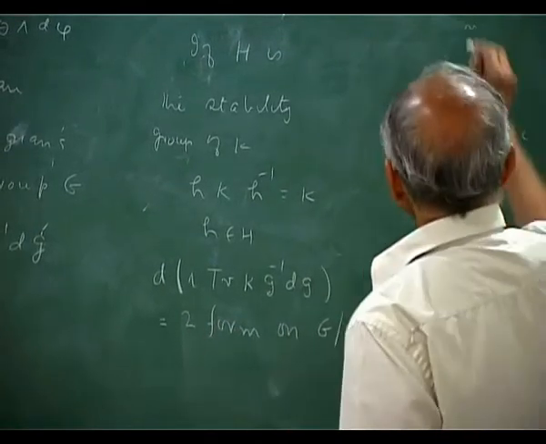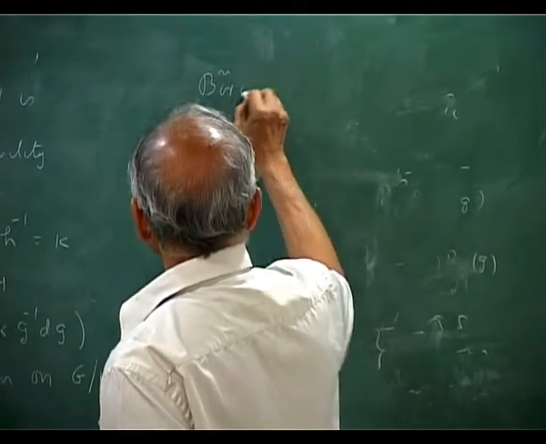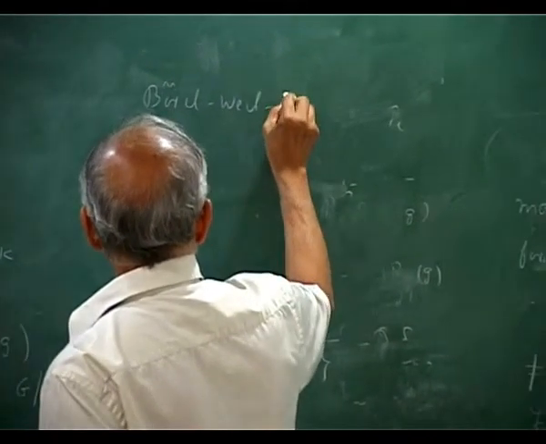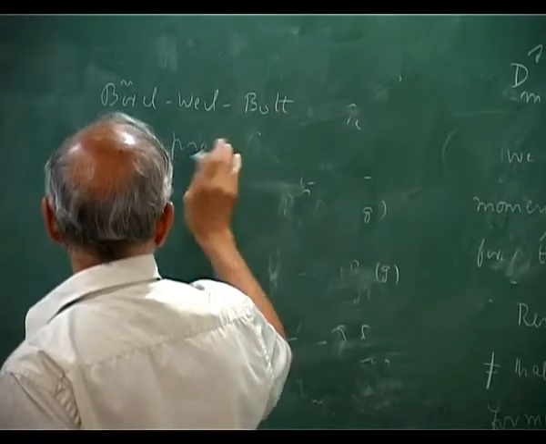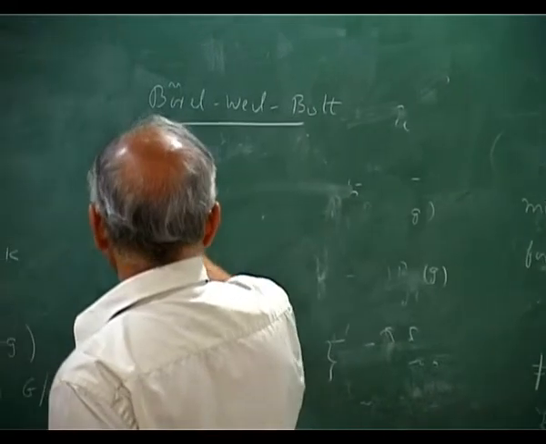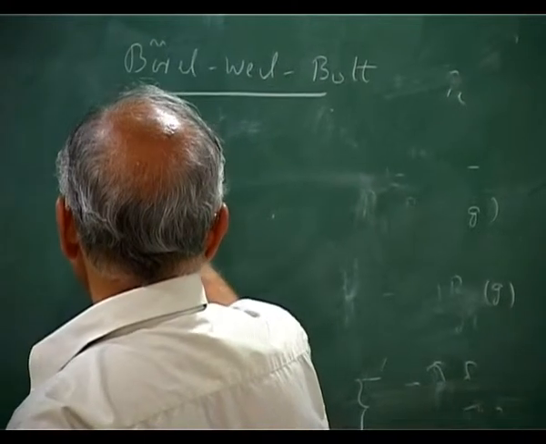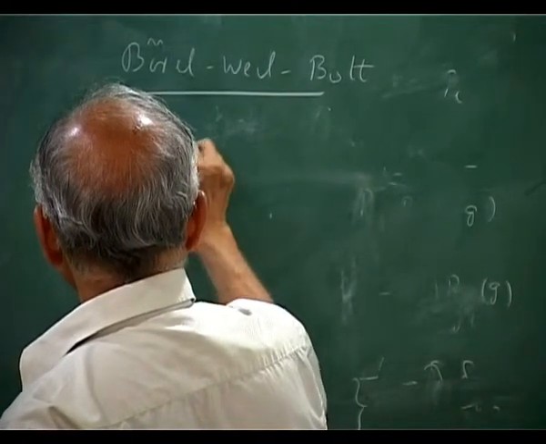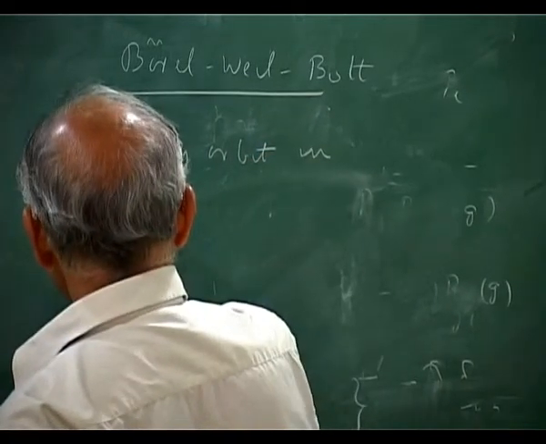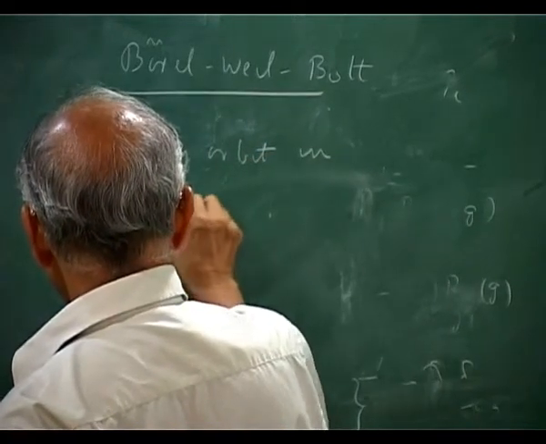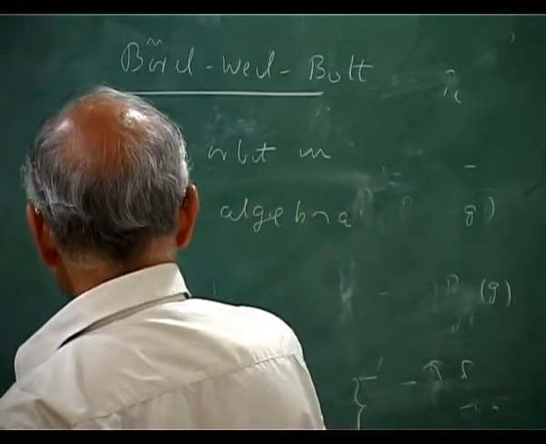Now I say it and then go on. Borel-Weil-Bott say, I should prove, well, the following statement is true. Any orbit in the Lie algebra is even dimensional.